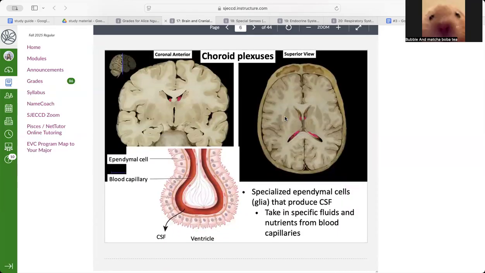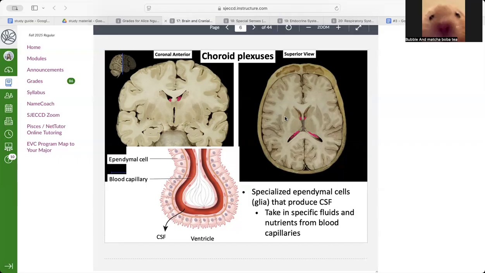These are specialized epithelial cells inside the lateral ventricles and third ventricle, and they help produce the cerebrospinal fluid. So if you have nutrients and oxygen in your blood plasma, you want them to get out into your cerebrospinal fluid. In order for those nutrients to become cerebrospinal fluid, they have to be absorbed by the endothelial cell of the capillary, and then pass into the epithelial cells. They will use exocytosis to spit it out into the brain and create cerebrospinal fluid.